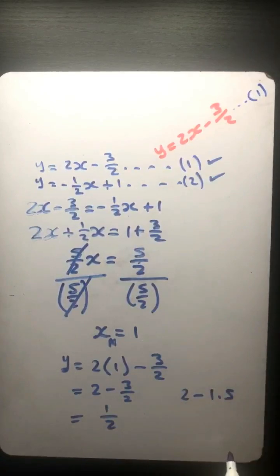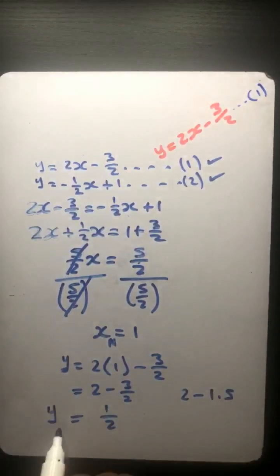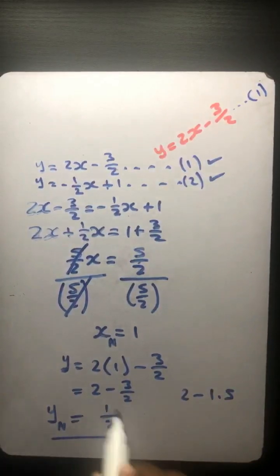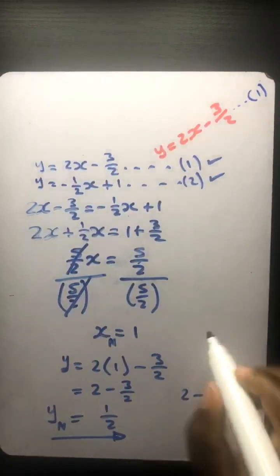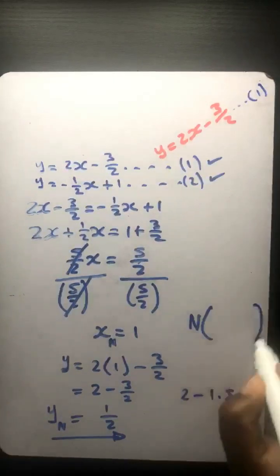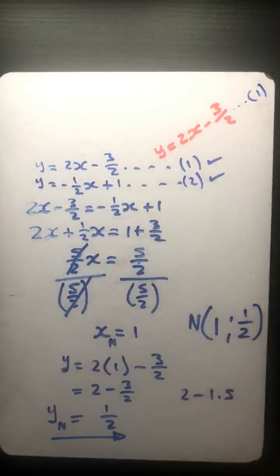Yes, it's half. So that means the y value of n is also equals to a half. So that means the coordinates of n is actually 1 and a half, which is what Moleboge has done.